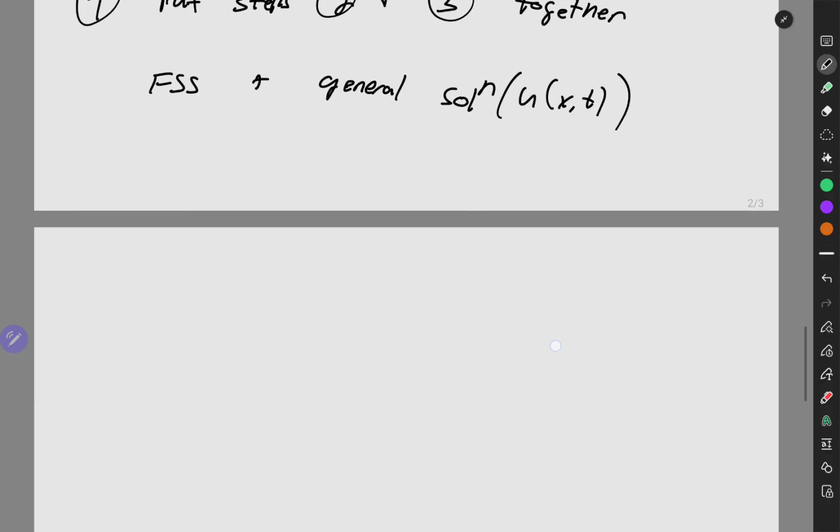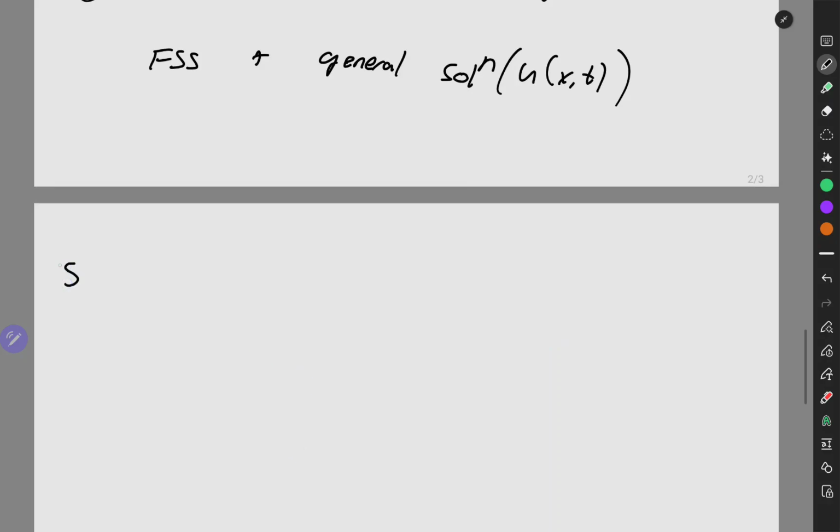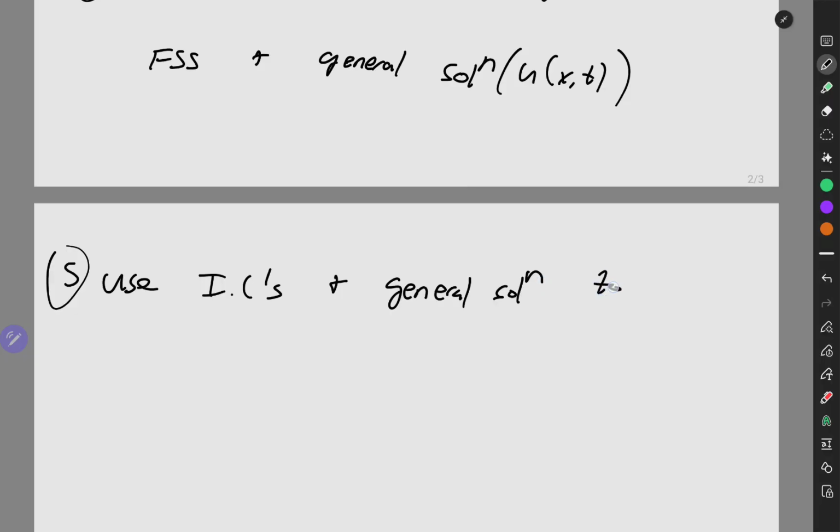So, going down to step 5, we're going to use the initial conditions for a rod and the general solution, which is a series, to solve a Fourier series.